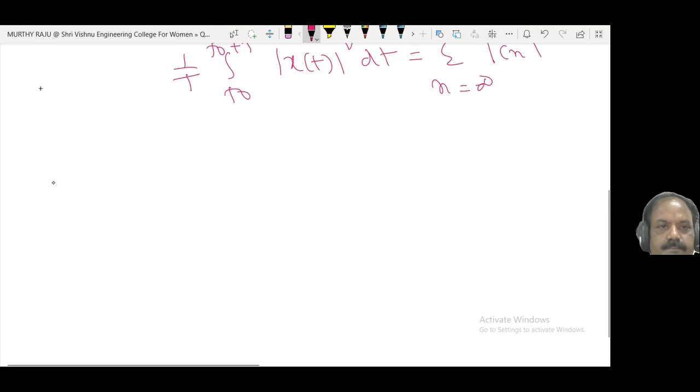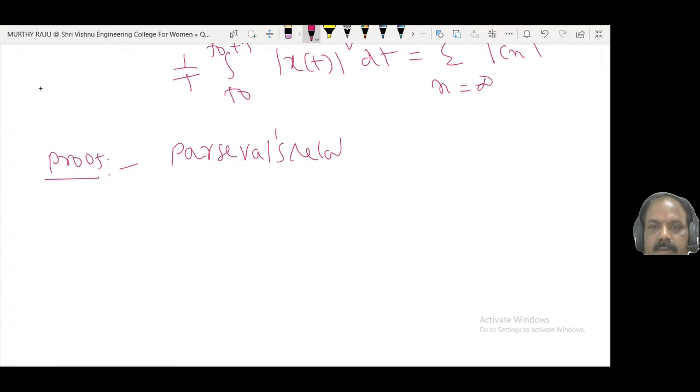Proof. Consider Parseval's relation, left hand side.